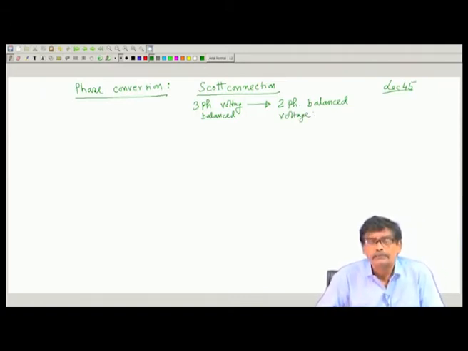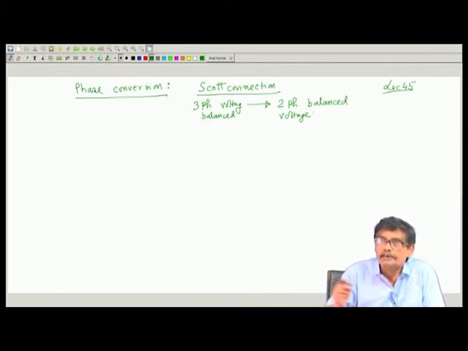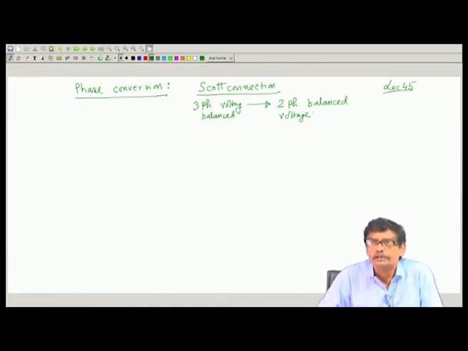See, our supply system is all three phase: generation, distribution, transmission. Then of course, you get single phase voltage, you can get between one line and neutral. That is there, but sometimes two phase balanced voltage may be needed.